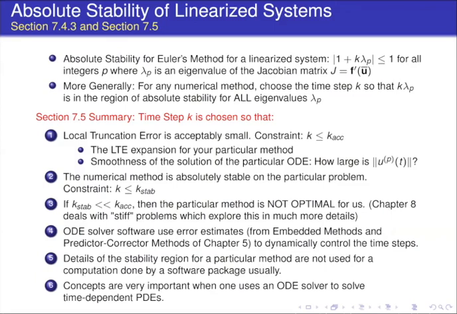What's optimal is if those two are of roughly the same magnitude. So if you look there in bullet number 3, if the stability constraint is much, much smaller than the accuracy constraint, then that particular method is not really optimal. Those are called stiff problems, and we explore those in chapter 8.